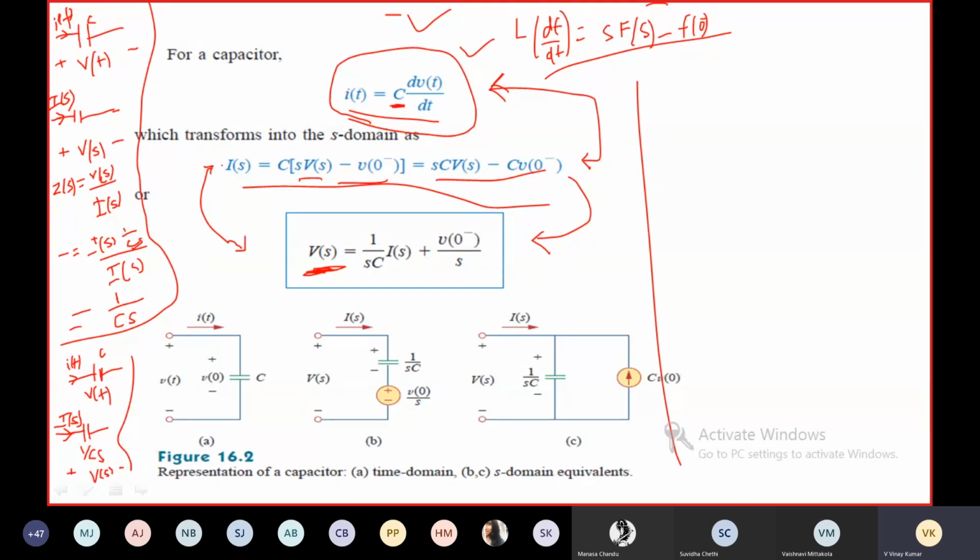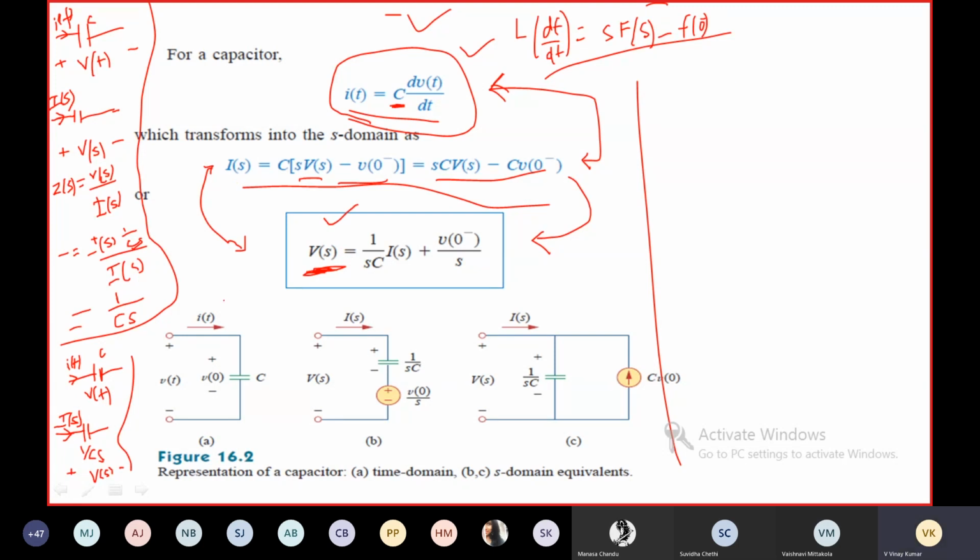Given I of s equal to C S V of s minus C V of 0 minus, you take this part to the left side, and this becomes plus C V of 0 minus by SC. That's it, then you get V of s.